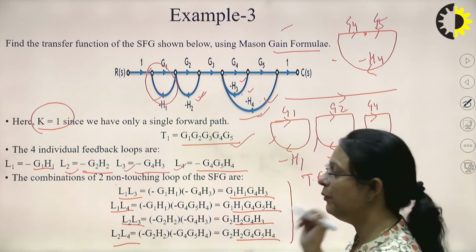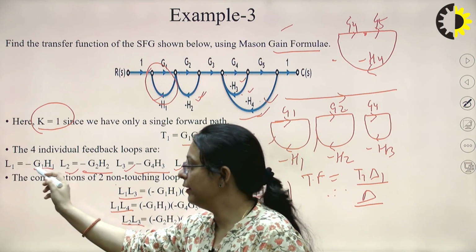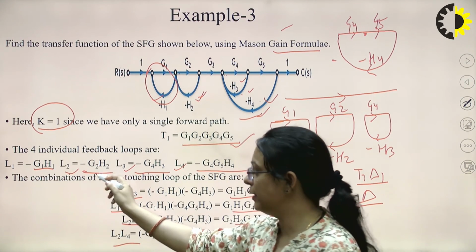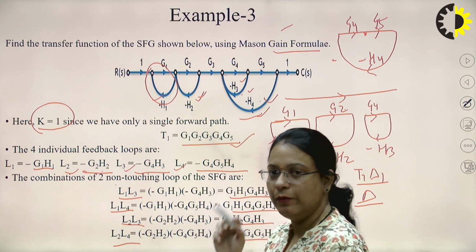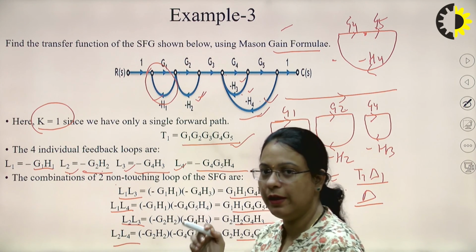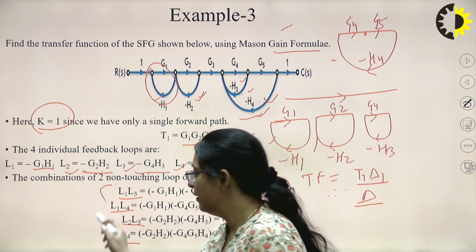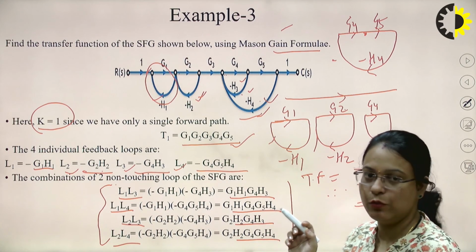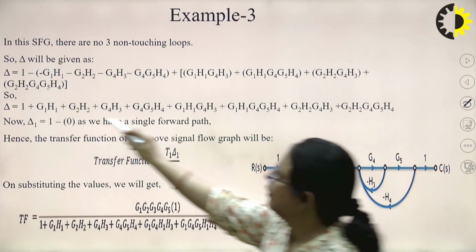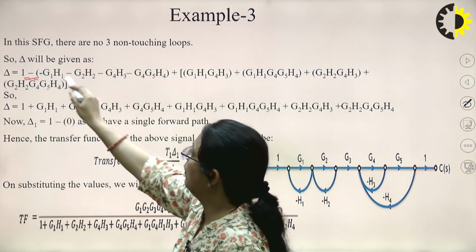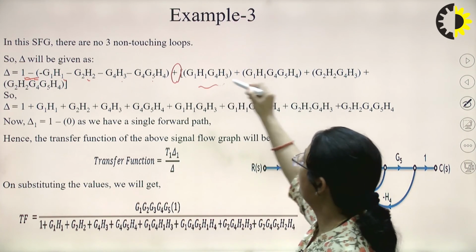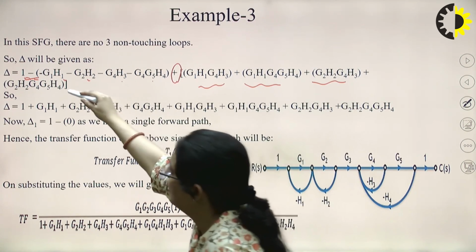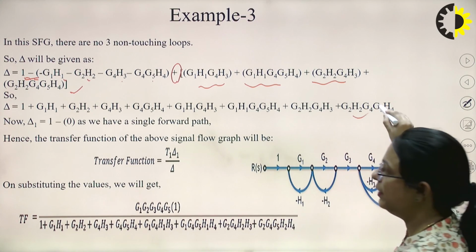So delta will be 1 minus the gain of L1 plus gain of L2 plus gain of L3 plus gain of L4 within a bracket, and after the bracket again a minus sign and the summation of these four combinations. You can see here delta will be 1 minus (L1 plus L2 plus L3 plus L4), then plus the sum of all these four combinations, right? So the value of delta will be this.